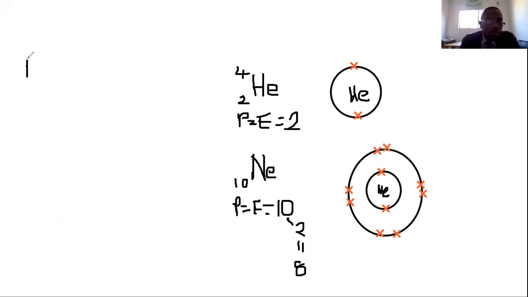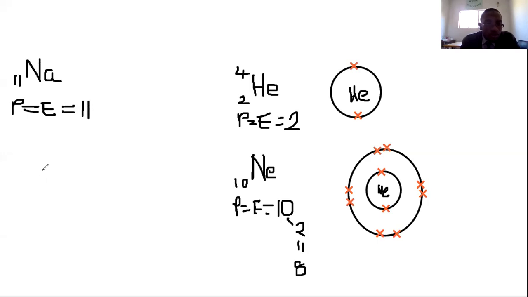Sodium is capital N, small letter A, and our interested number is 11, meaning the P is equal to the E, and that is giving us 11.